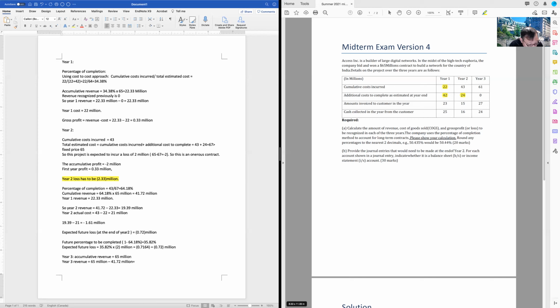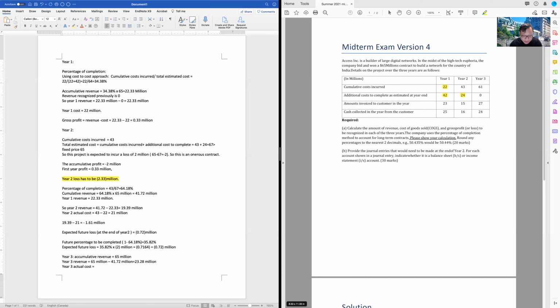So this equals 23.28 million. And the year 3 actual cost is the difference between the two cumulative cost numbers, right?